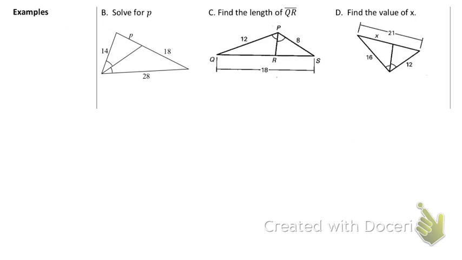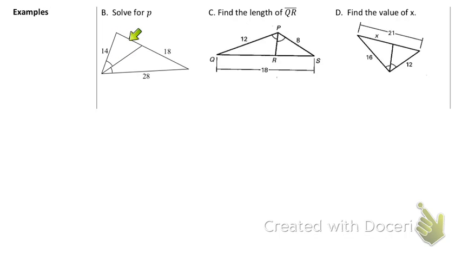All right, let's do some examples here. Our goal is to solve for P. We have, again, another angle bisector. This guy's an angle bisector because it cut the angle into two equal parts. So I can now set up the proportion.